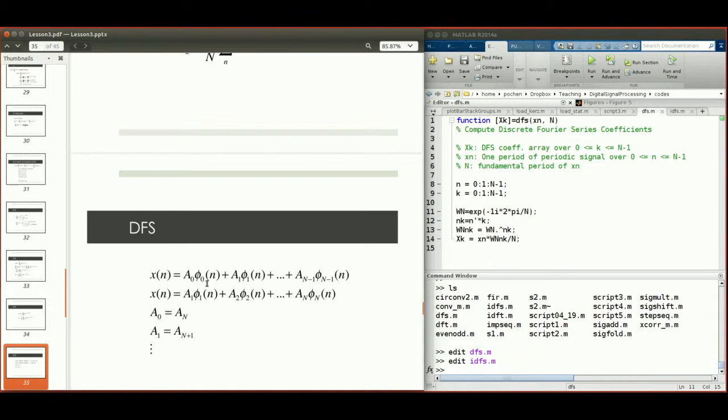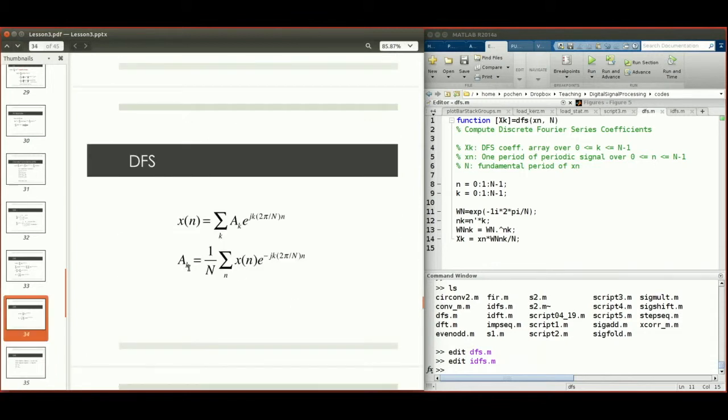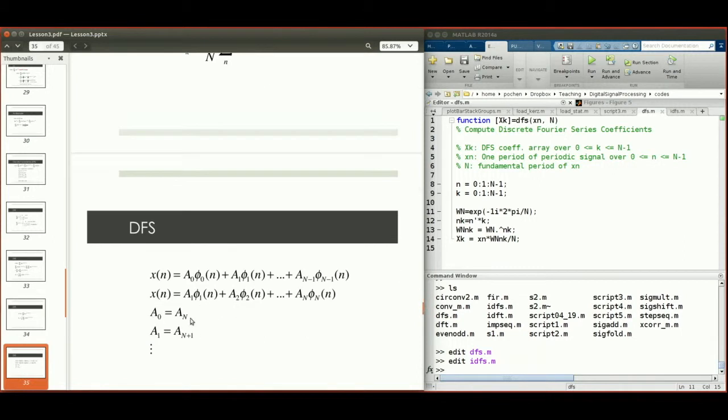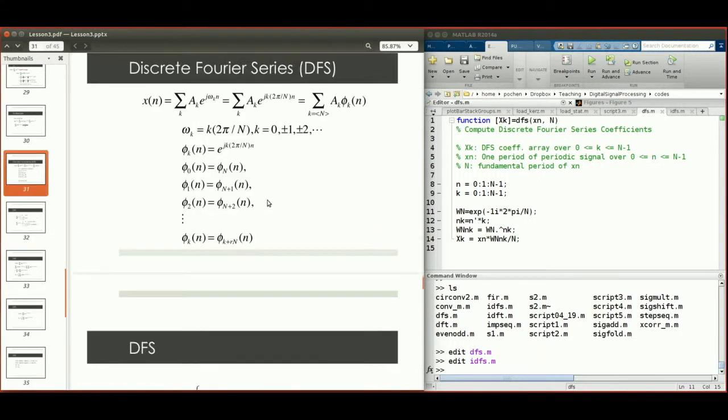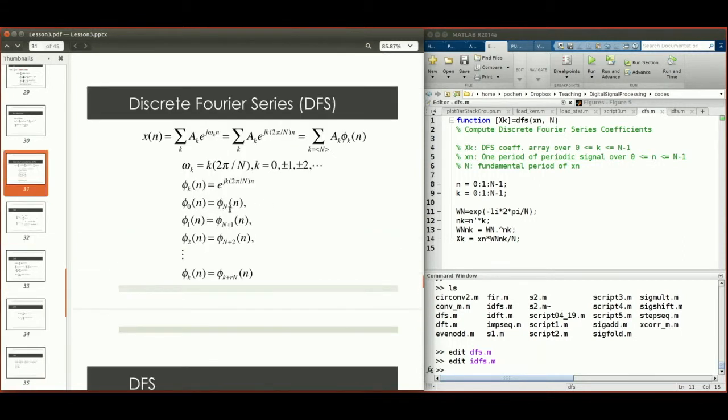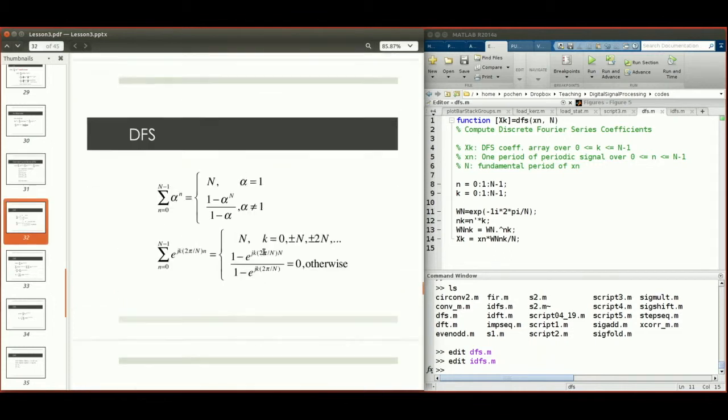You can repeat the same kind of analysis, and eventually you're going to get a1 equals a big N plus 1, a2 equals a big N plus 2, that kind of thing. So the coefficients are also periodic with respect to k, you see? a0 equals a big N, just like phi 0 equals phi big N. a1 equals a N plus 1, just like phi 1 equals phi N plus 1.